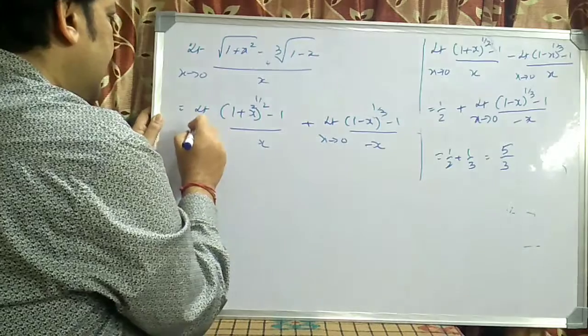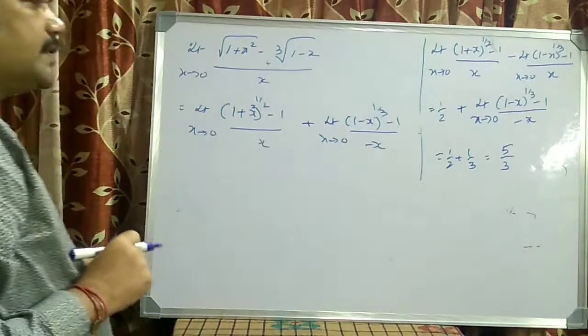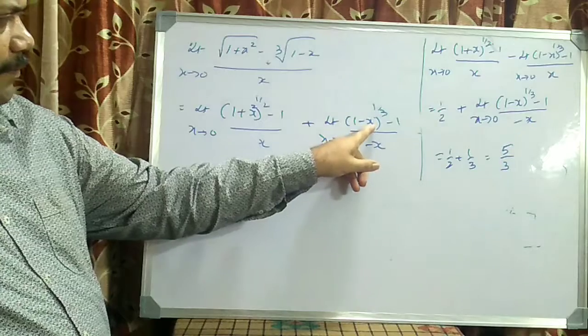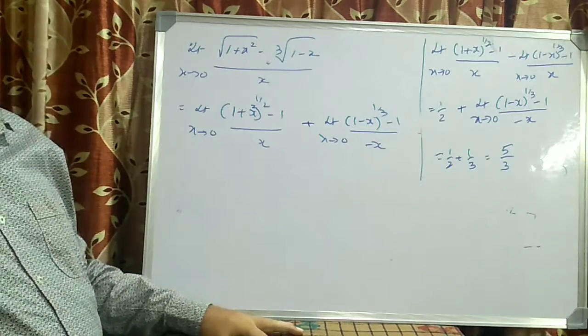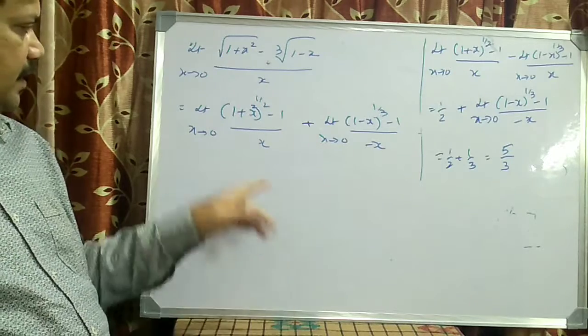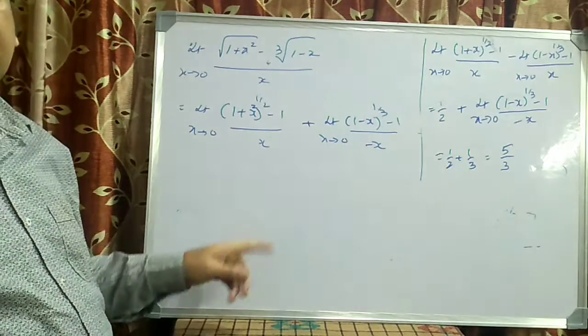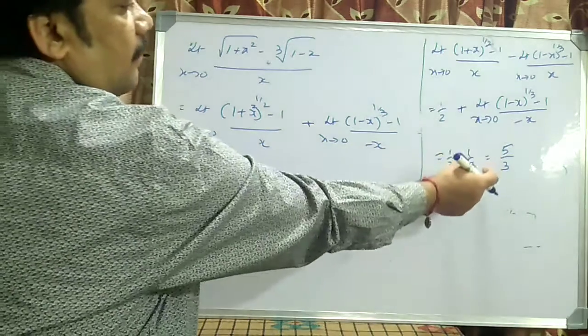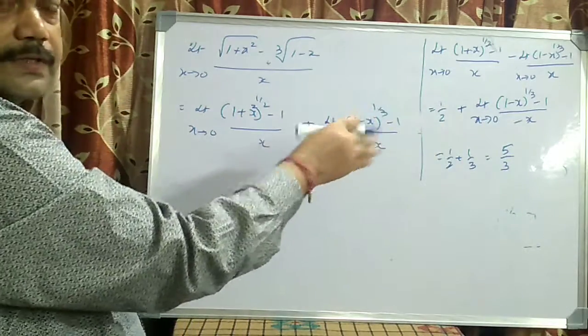Here also as x tends to 0. My friends, you need to observe that I told you the term here should be in the denominator, the same term with the sign also. So what I suggest is that here I need to have x square. For that, this is clearly 1 by 3, no doubt about this.